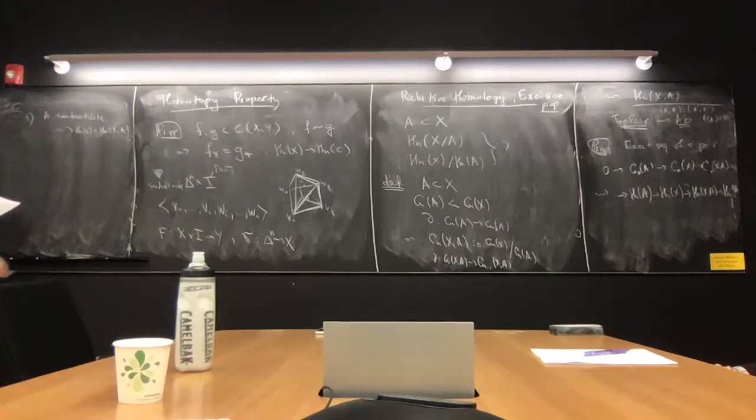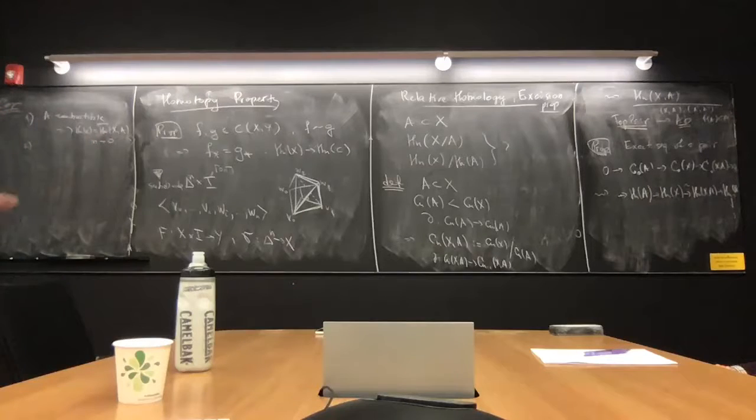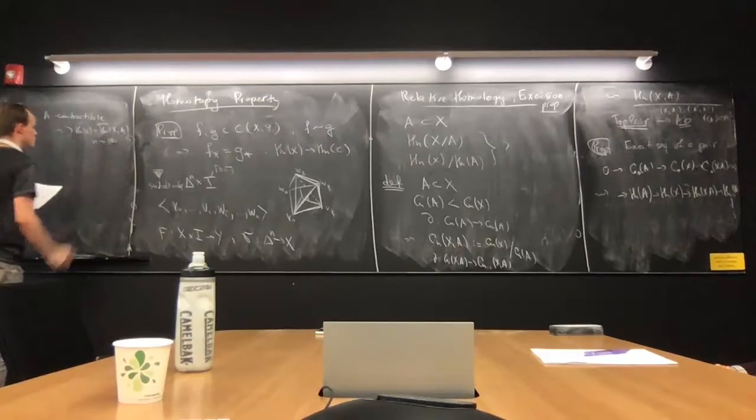But that's only if n is greater than, well, let's leave it. For one it should work: even for n equals 1, Hn minus 1 of A becomes 0.